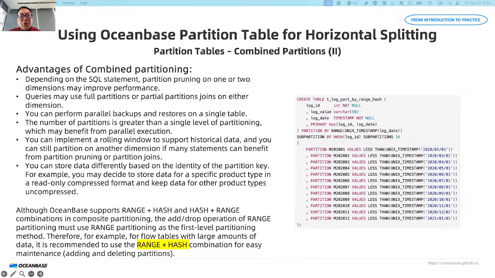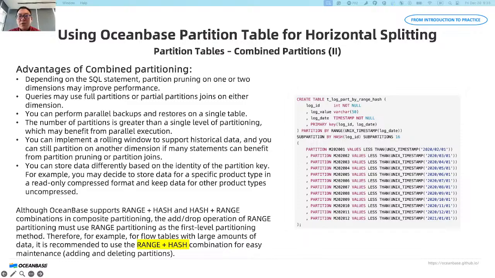The next one, you can perform parallel backups and restores on a single table. And the next one, the number of partitions is greater than a single level of partition, which may benefit from parallel execution. The last one, you can store data differently based on the identity of the partition key.